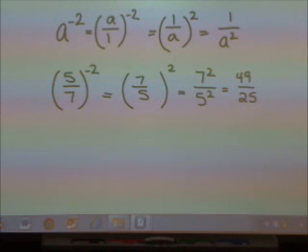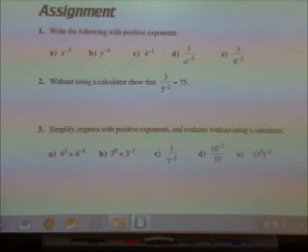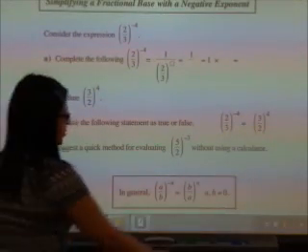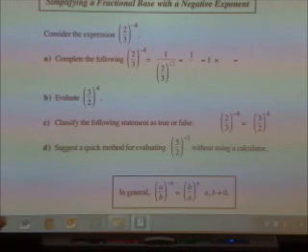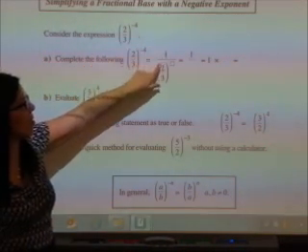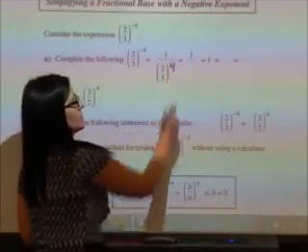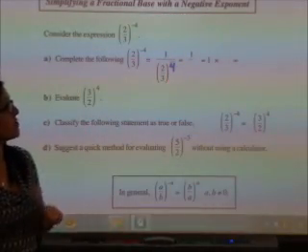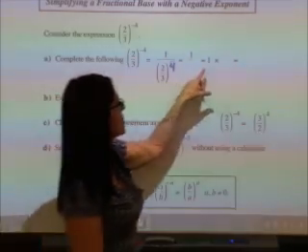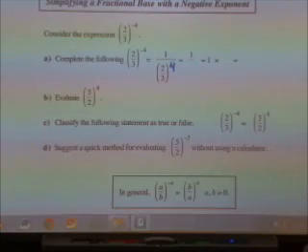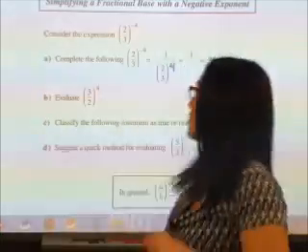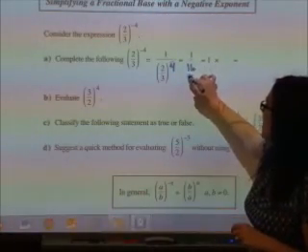So if we go back to the bottom part of that page, consider the expression 2/3 to the power of negative 4. 2/3 to the power of negative 4 is the same as going 1 over 2/3 to the positive 4. My fraction rules say that it's the same as multiplying by the reciprocal. Okay, so this part here, they just evaluated.